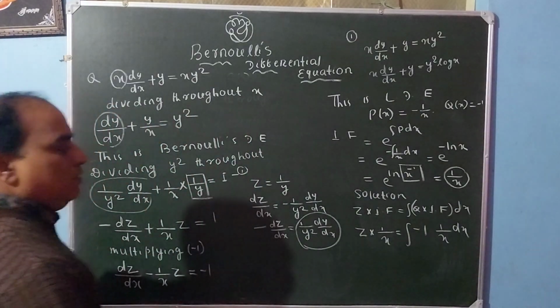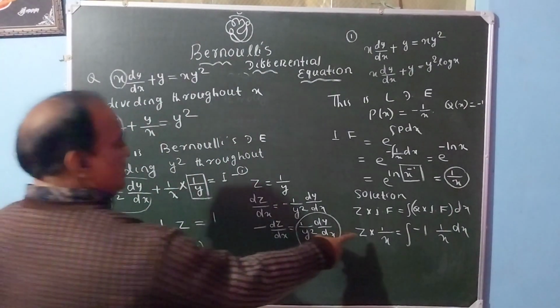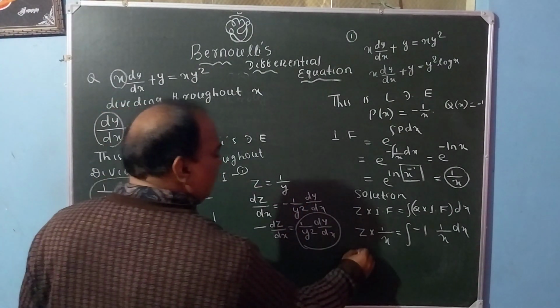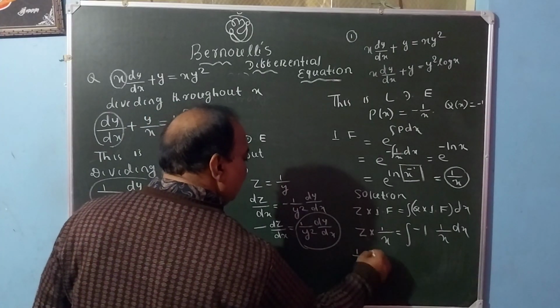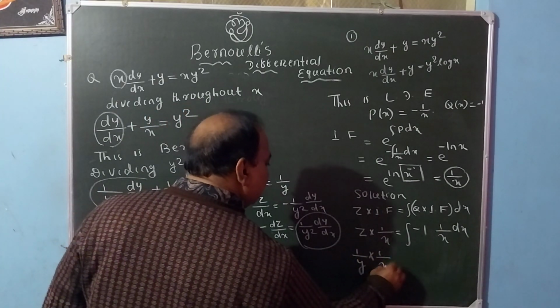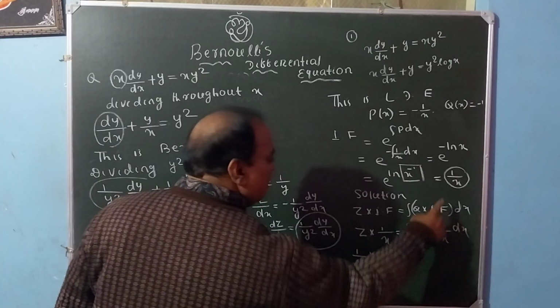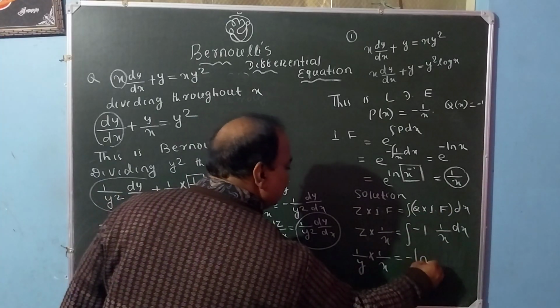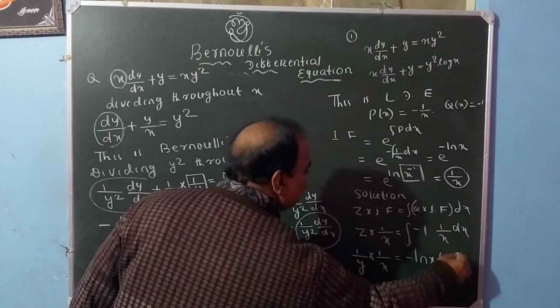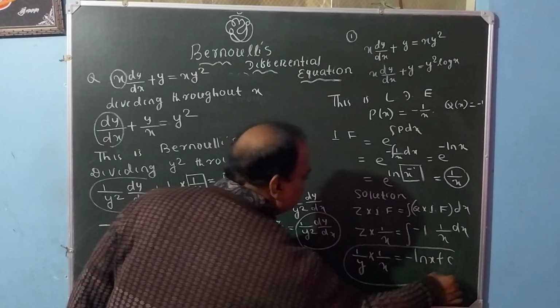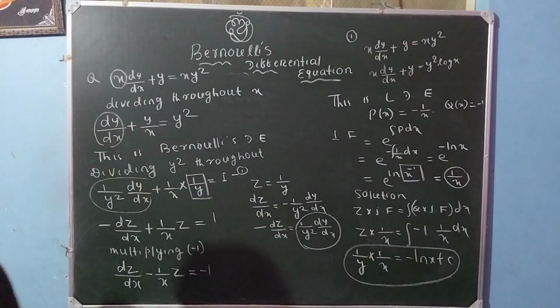Now put the value of z, which is 1 by y. So 1 by y into 1 by x is equal to minus integral of dx by x, that is minus ln x plus c. So this is the answer of this question.